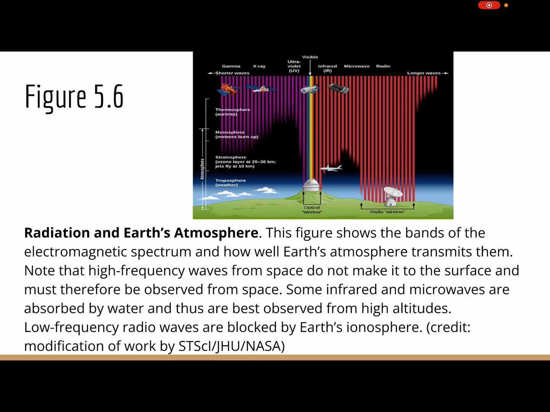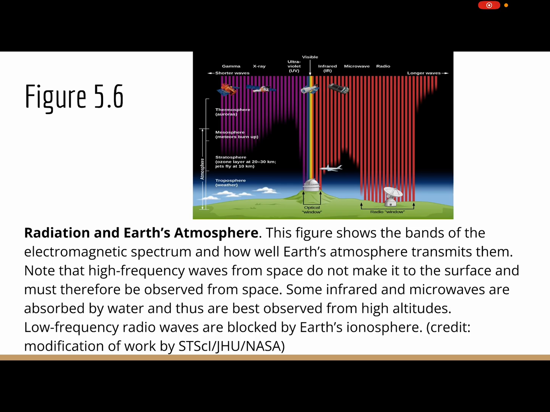Things like microwave, radio waves, and beyond that, those wavelengths will hit the Earth's surface. Again, they have a longer wavelength. There's less for them to be impeded on compared to the shorter wavelengths, like a gamma ray, which have such a high frequency that they bump into particles a lot more than a radio wave would.